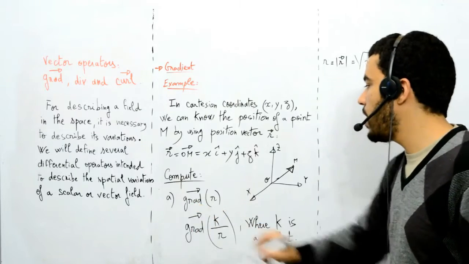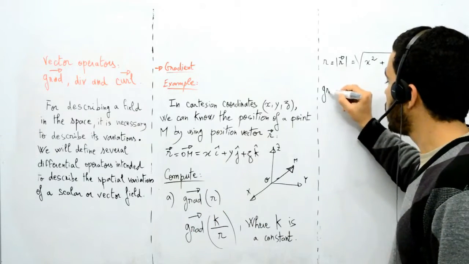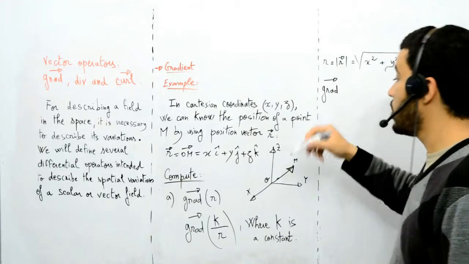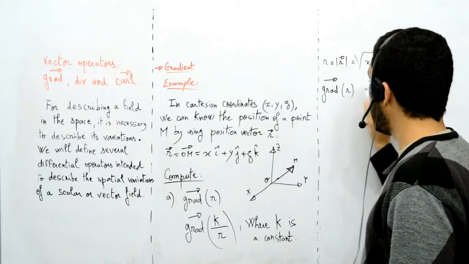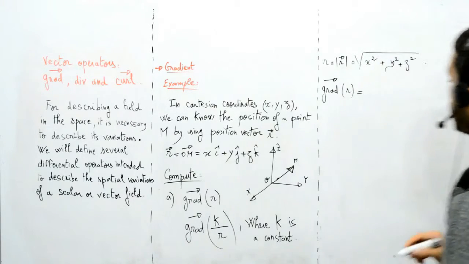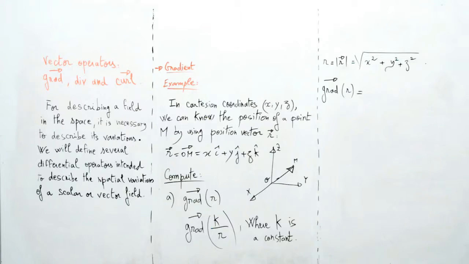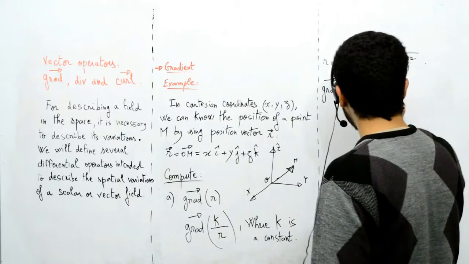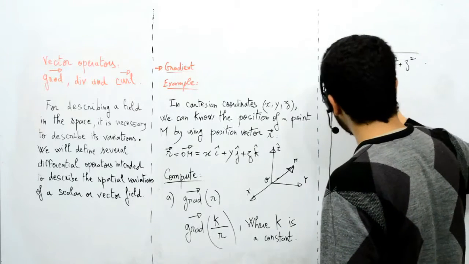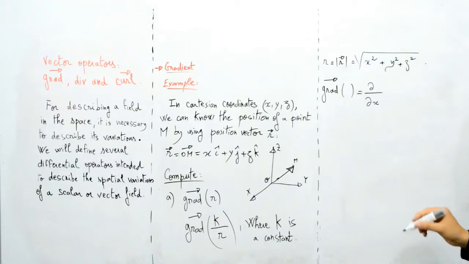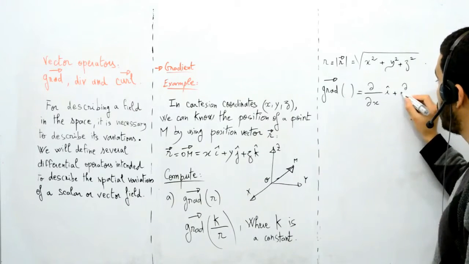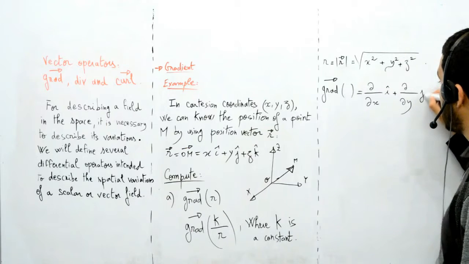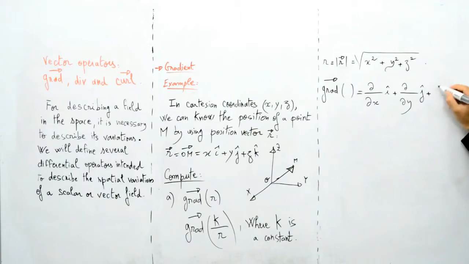If I want my grad in Cartesian coordinates of my r, so grad itself by definition in Cartesian coordinates is exactly partial over partial x i plus partial over partial y j plus partial over partial z k.